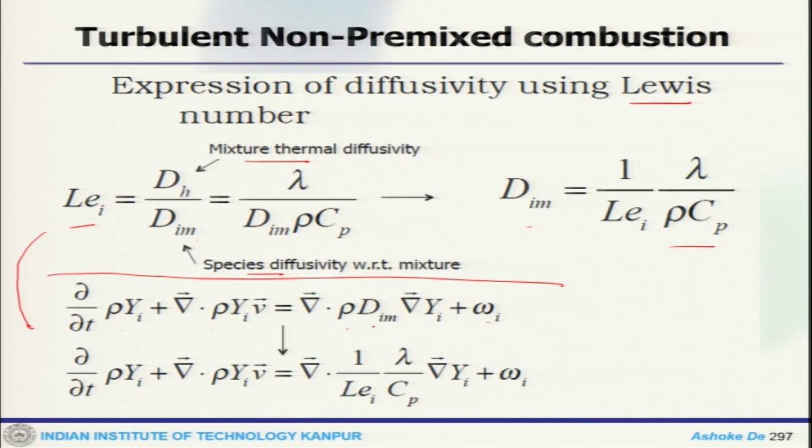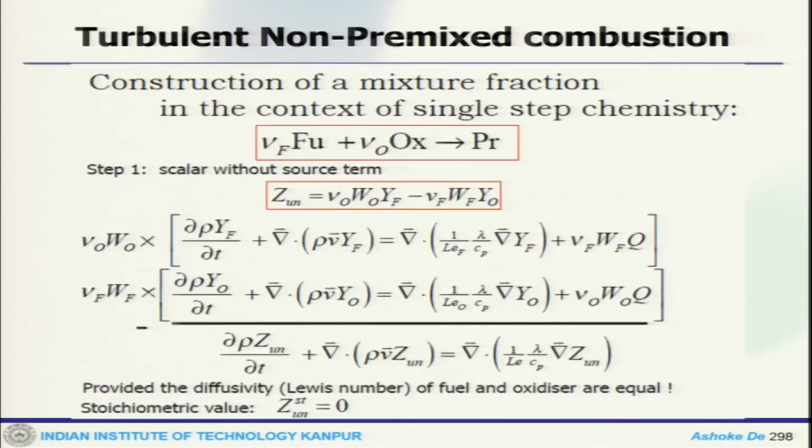So, basically this particular term is replaced with this. Now, once we do that, what happens? We take a situation again, single step kinetics with an irreversible reaction, fuel, oxidizer and product.